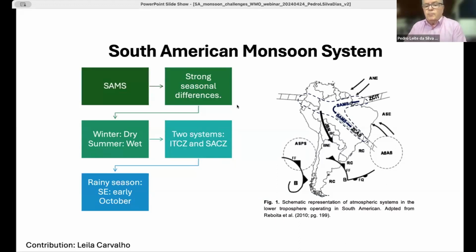I'd just like to point out that we're very much concerned not only with the organizational precipitation in the core of the monsoon region over South America, but also the South Atlantic convergence zone, which is an extension to the southeast, and the intertropical convergence zone as well. These are important.